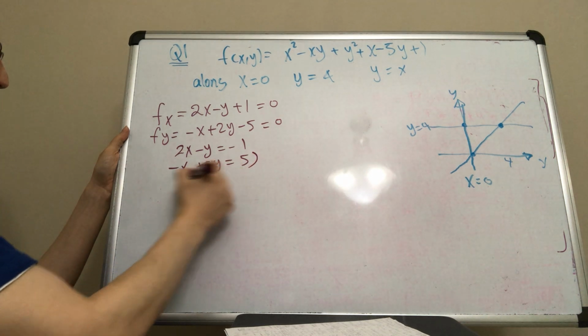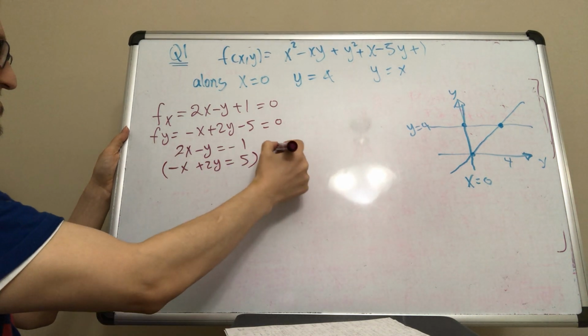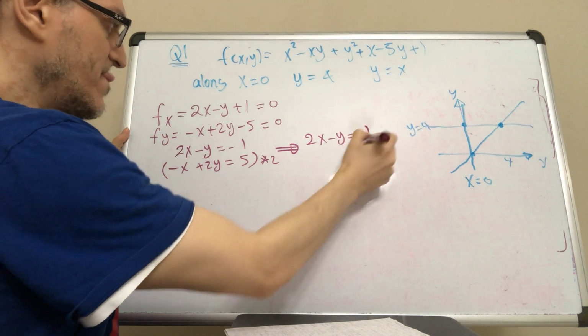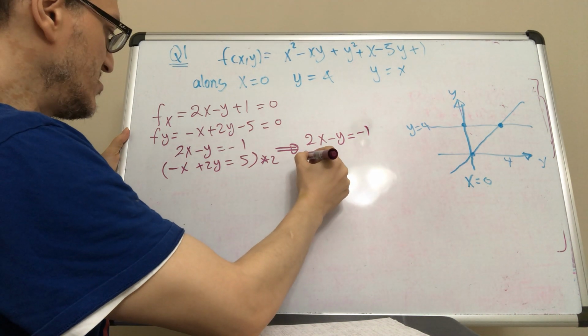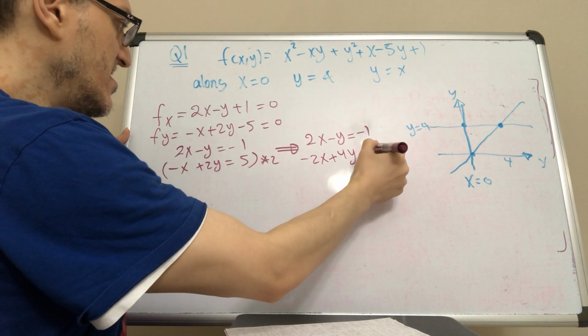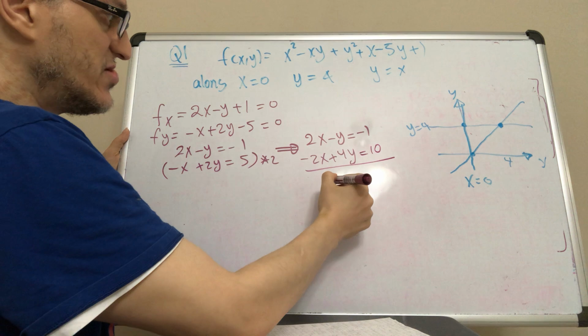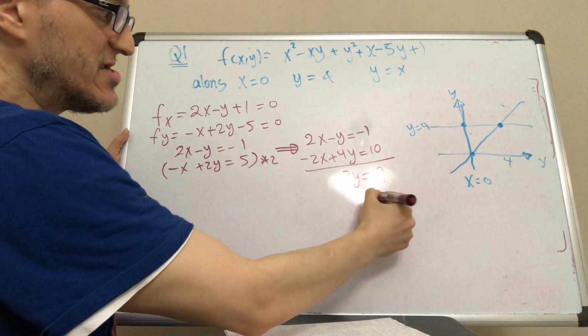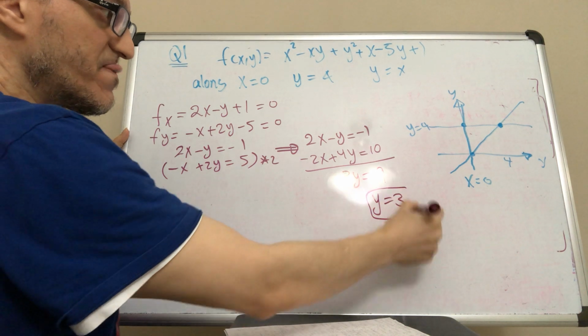We need to multiply this by 2. So the first one the same. Multiplying this by 2 gives you negative 2x, 4y, and 10. You add them, x cancels, you get 3y equals 9, y is 3.